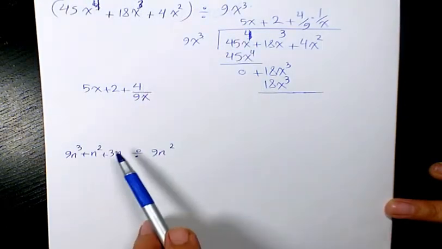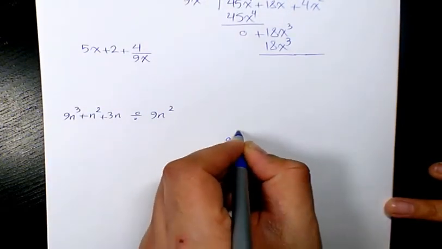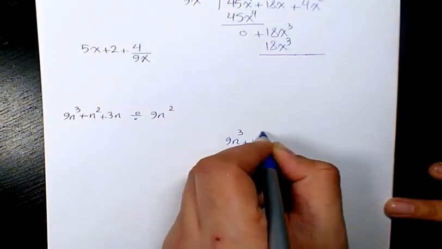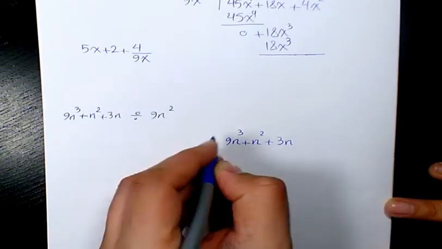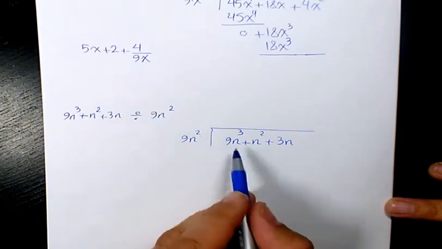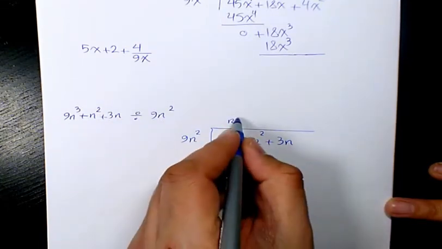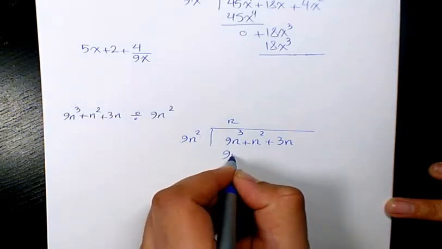I'm going to solve the next example like this. We have 9n cubed plus n squared plus 3n divided by 9n squared. 9n cubed divided by 9n squared is going to be n. So n times 9n squared is going to be 9n cubed.